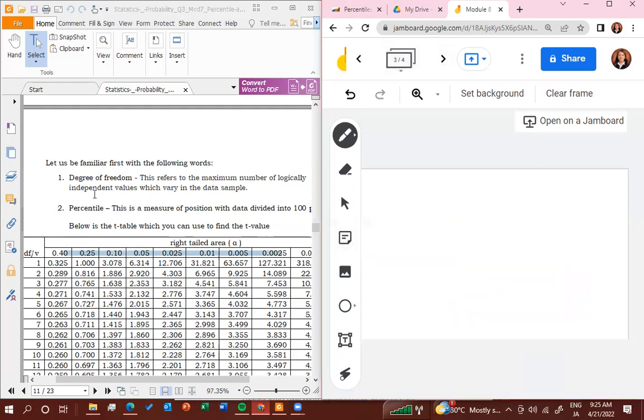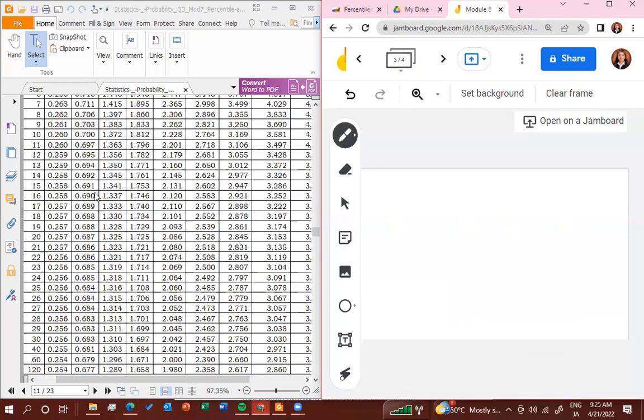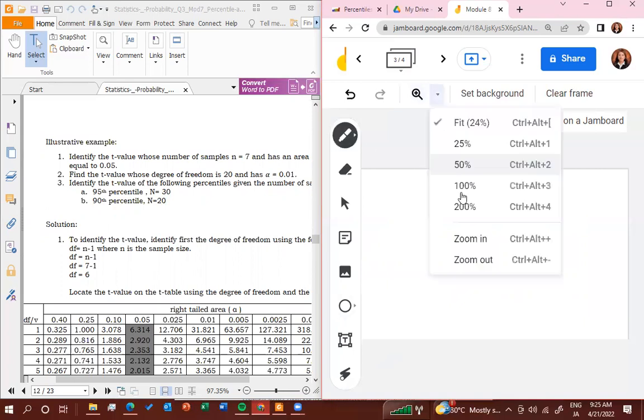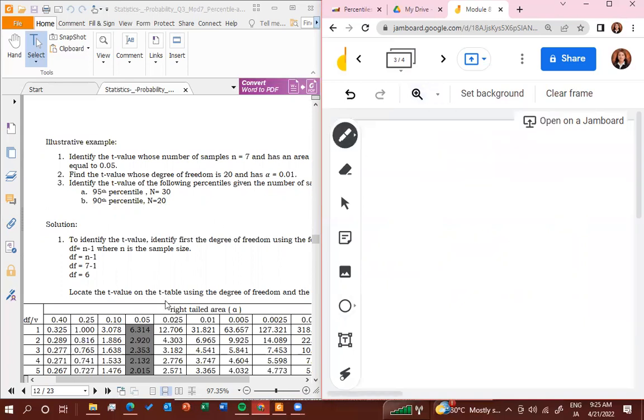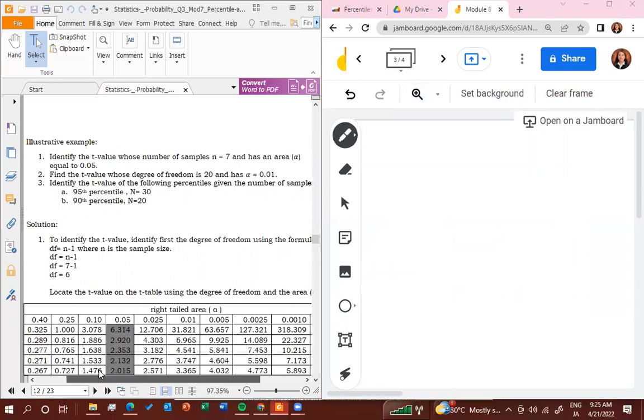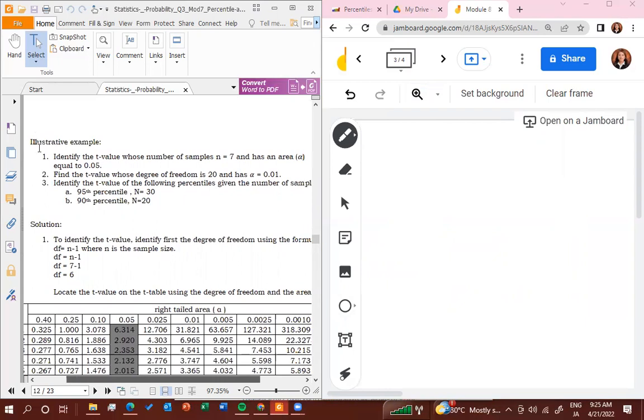Let's try to look at one problem-solving example on the next page. Let's look at this illustrative example. We already have the solution, but let's just do it anyway.